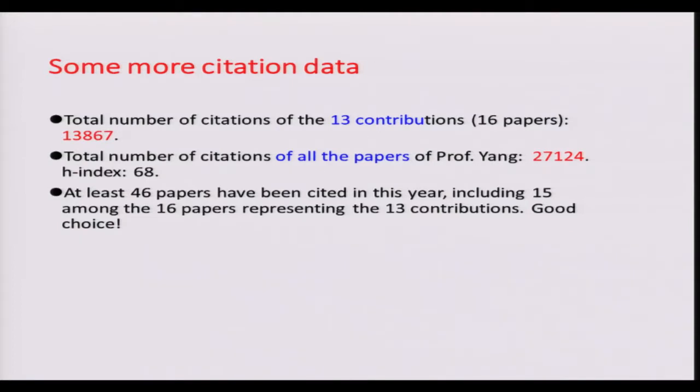Those 13 contributions attract about half of all the citations of the papers of Professor Yang. Also in 2015, up to now in Web of Science, but there is always a delay between the real publication and the Web of Science, anyway, all of the papers in the 13 contributions, except one, have already been cited.